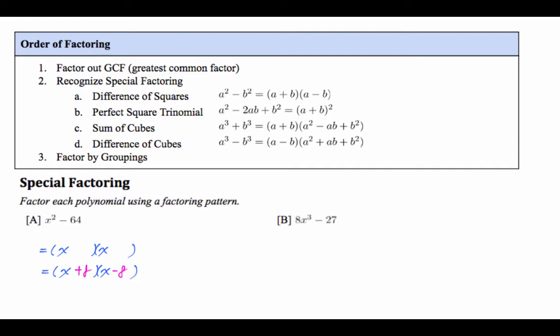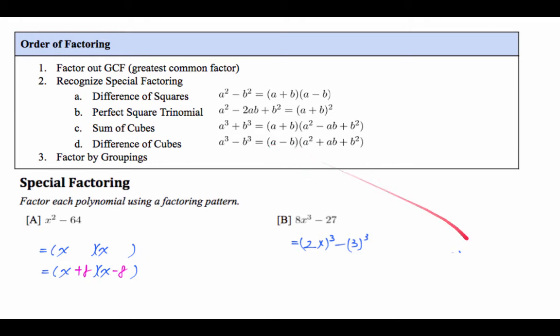Now, part b definitely is a cubic, right? Because the entire 2x cubed is 8x cubed, and 27 can be expressed as 3 cubed. And then we're going to apply the form right here, guys, right? So when you see that, 2x is like a, and 3 is like b. And anytime you see a, we plug in 2x.